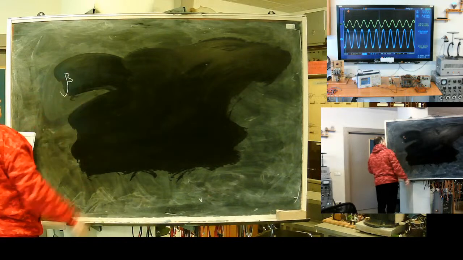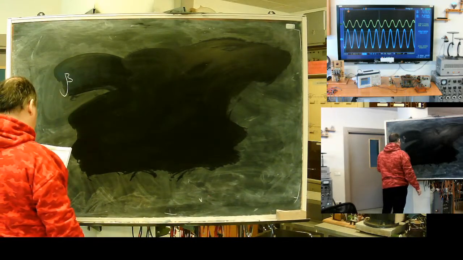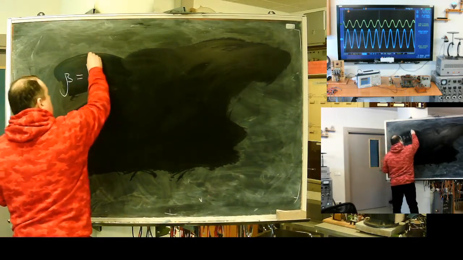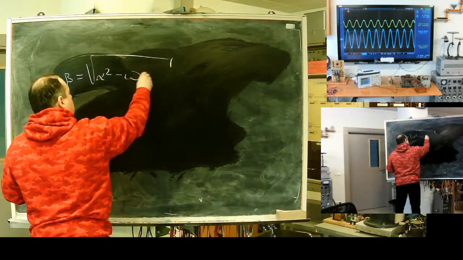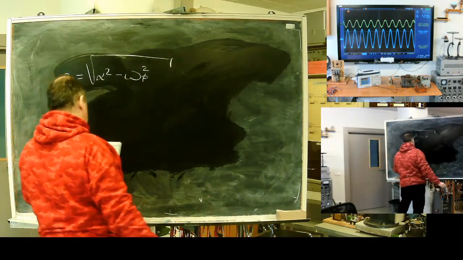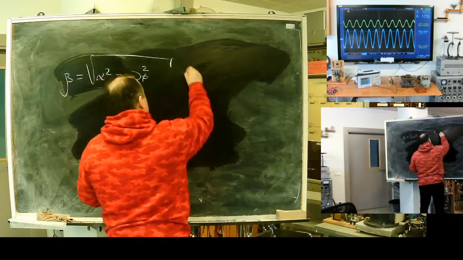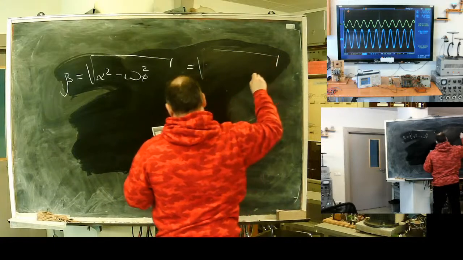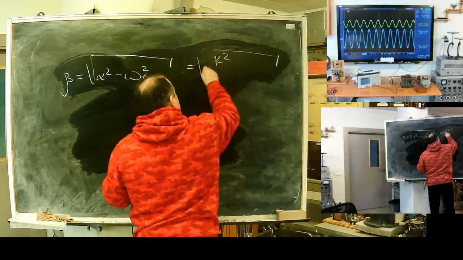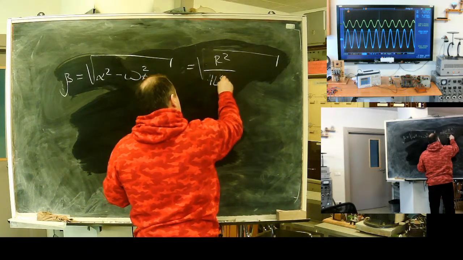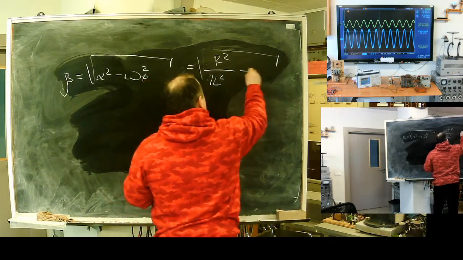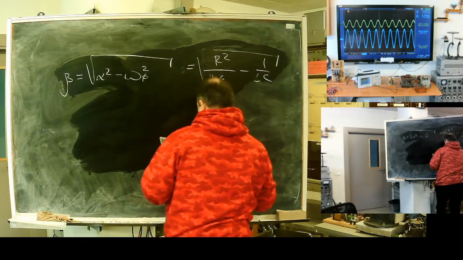To make this more compact, I will introduce beta as the square root of alpha square minus omega 0 squared, which equals the square root of resistance squared divided by quadruple inductance squared minus 1 against LC.